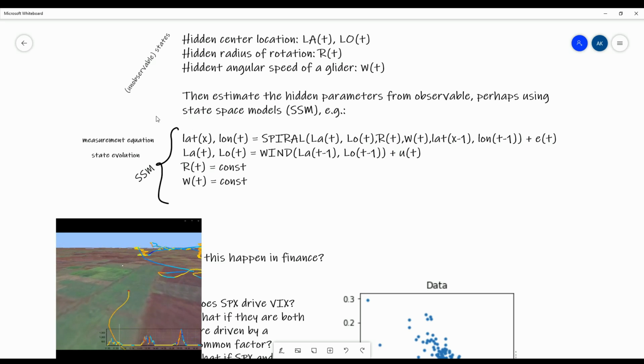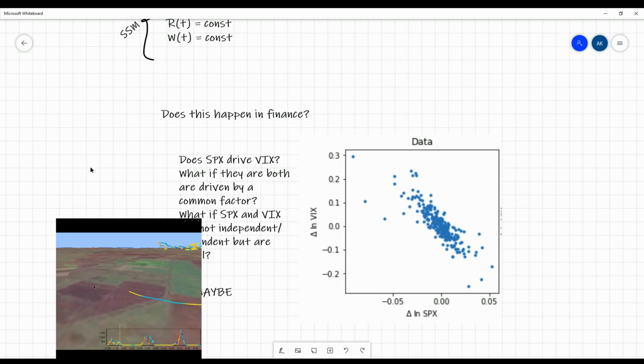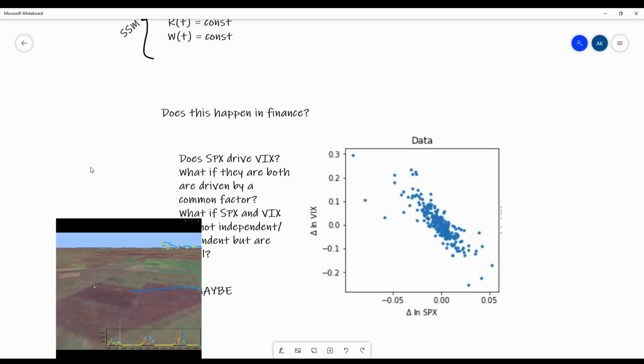And maybe then we would be able to come up with a more realistic model which will capture the essence of the phenomenon. Now we spoke about ecology, I guess, in part 1 and part 2 of this video. We had this extensive example of a paraglider circling in a thermal.